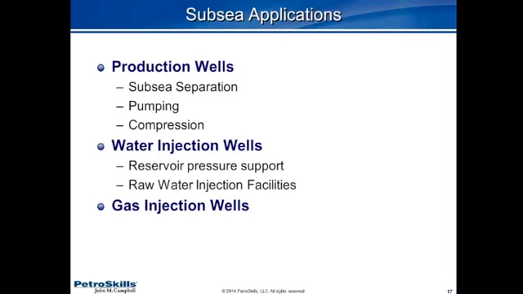In the first bullet there, we have listed a few of the subsea processing systems that are occasionally desirable and associated with production wells. This might include the separation of oil and gas and water, which may have an advantage from the perspective of improving flow to the platform, and possibly also improve the flow assurance.